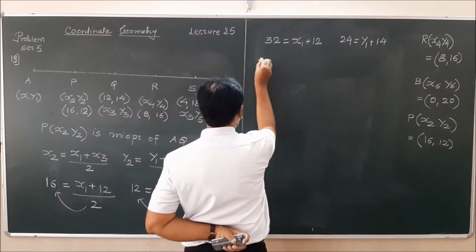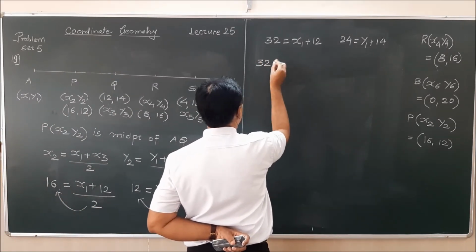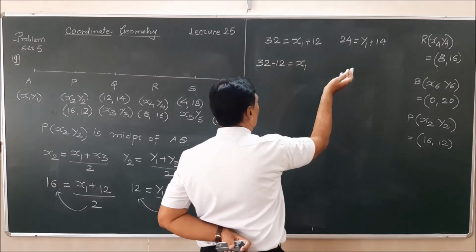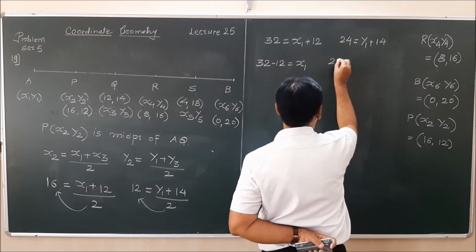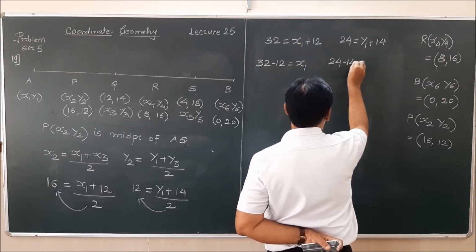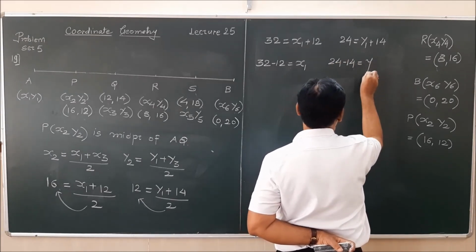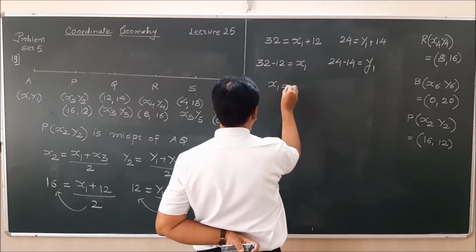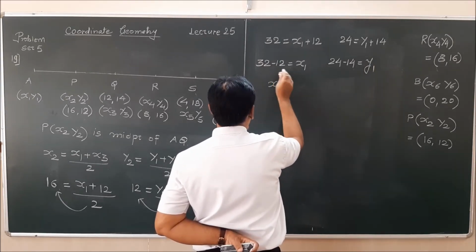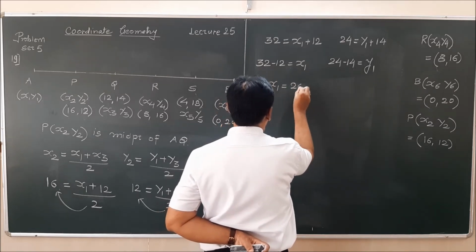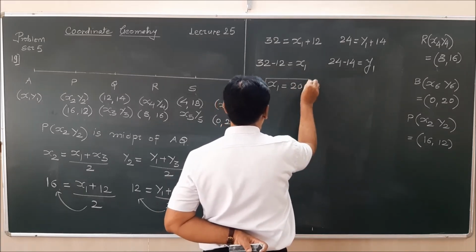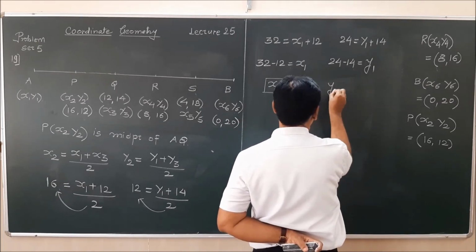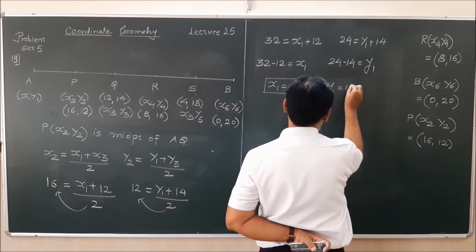Now 32 minus 12 is equal to x1, while 24 minus 14 is equal to y1. So x1 is finally 20, 32 minus 12, and y1 is equal to 10.